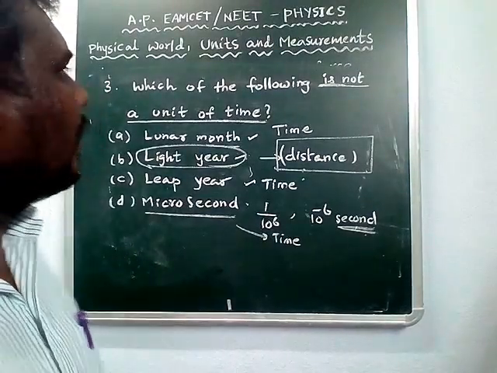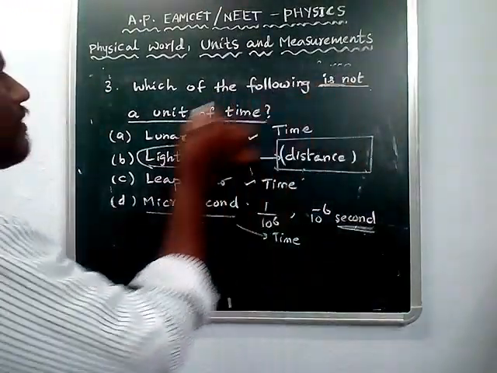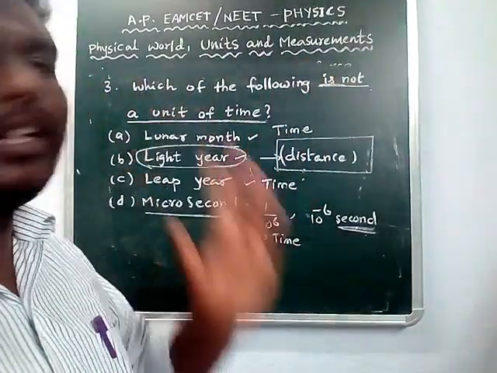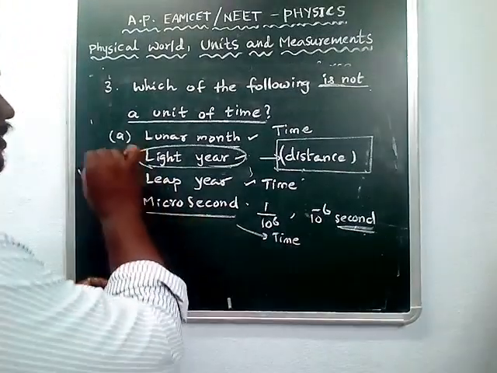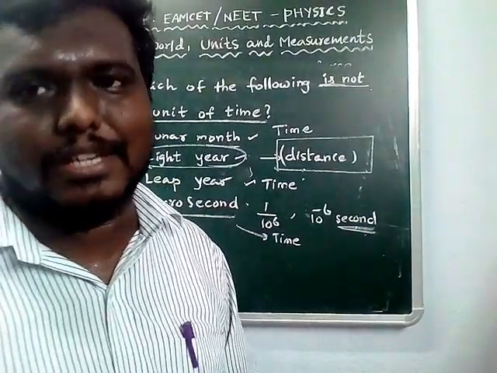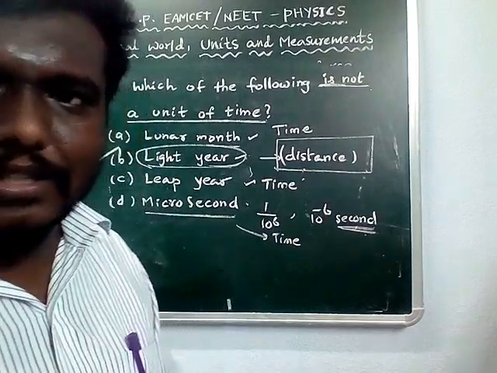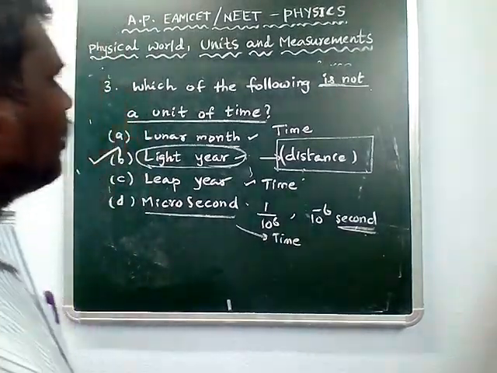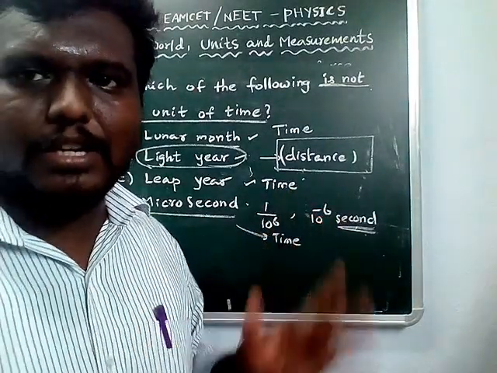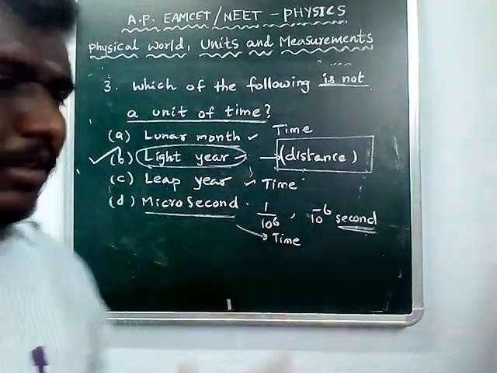So the answer to which one of the following is not a unit of time is the light year. It is a unit of distance. Understand? So it is also a theoretical and important question from last year's paper, right?